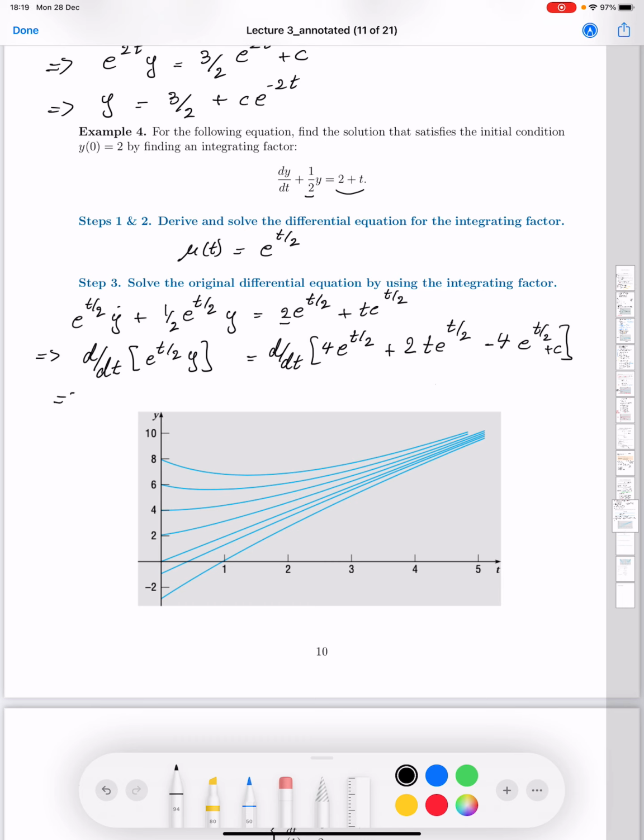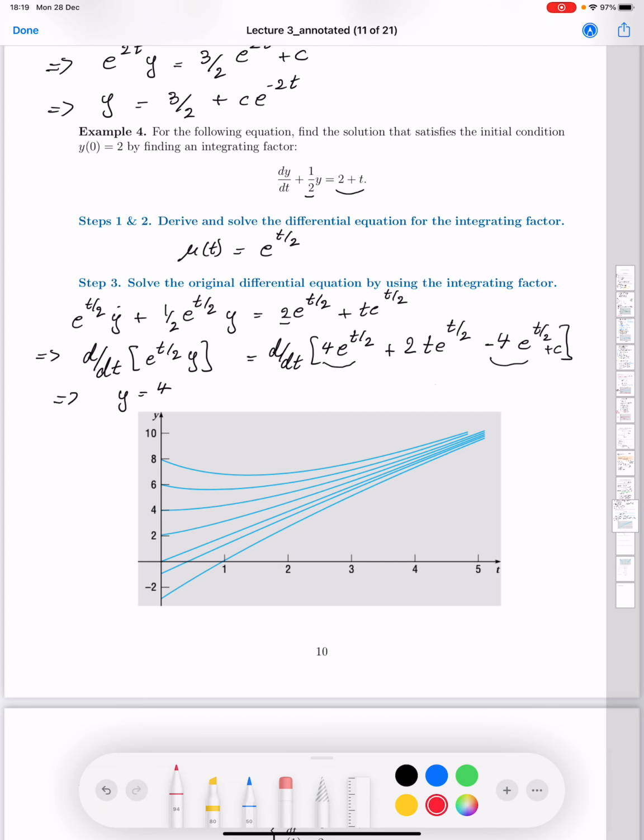I can just write down my final solution. y equals... I need to divide all sides by e^(t/2). So I will have just 4 plus... by the way, you see here that the minus 4 e^(t/2) terms will cancel out, right?